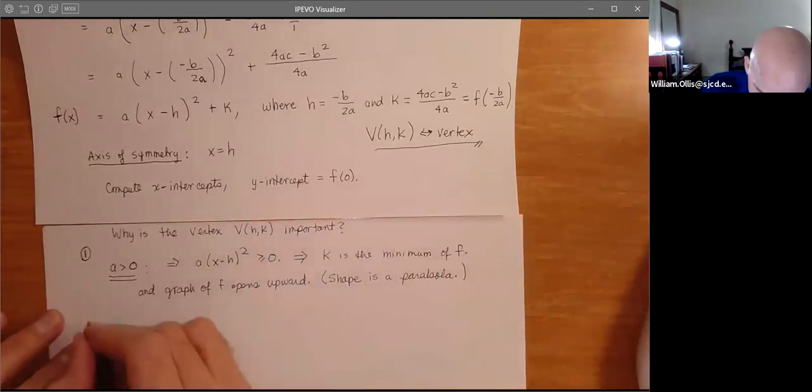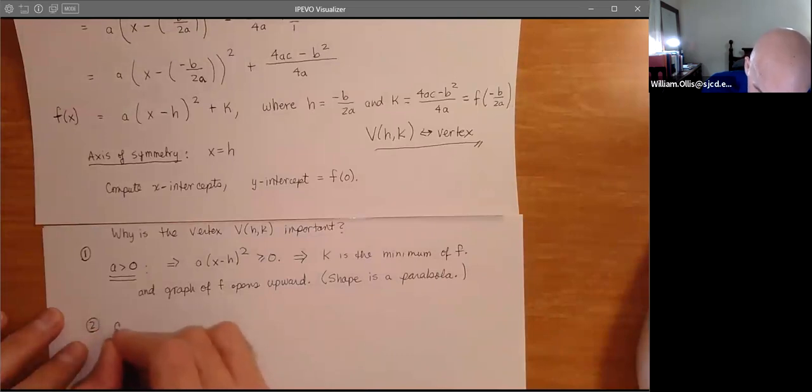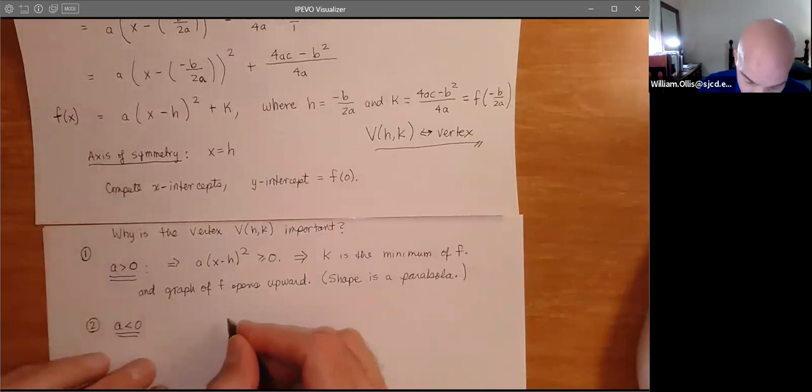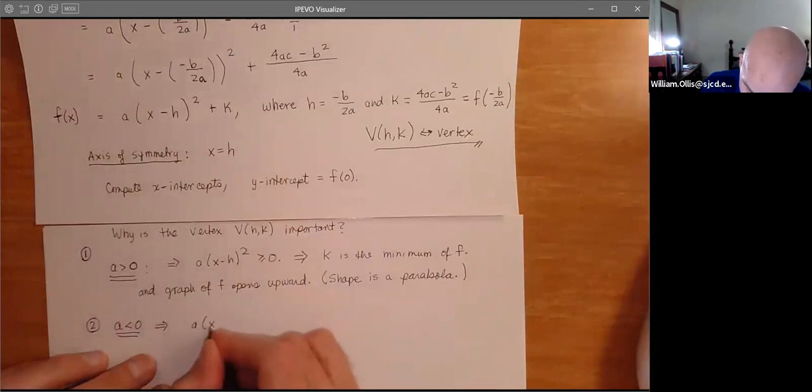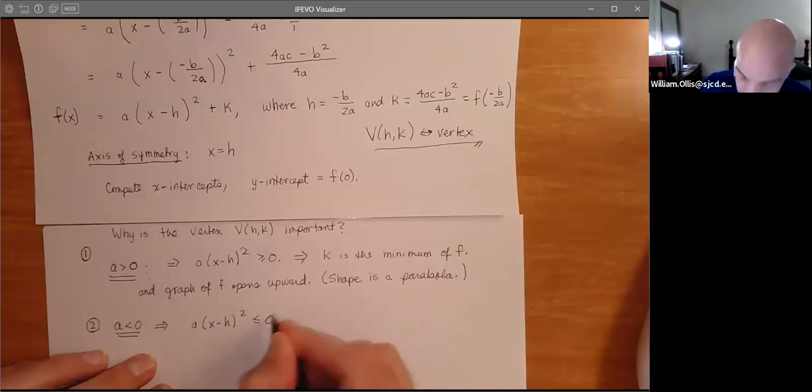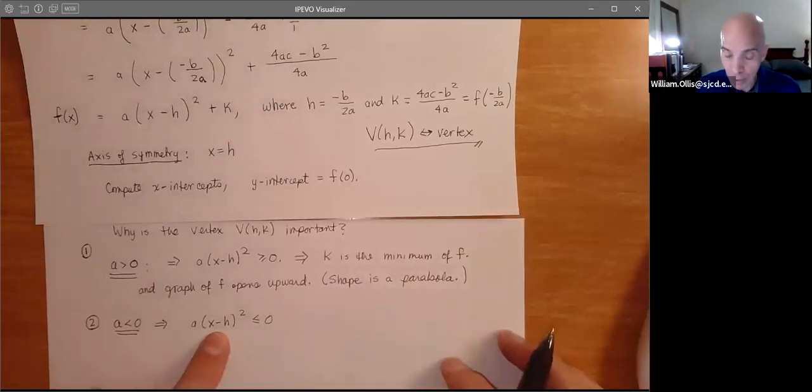And now what about the other one? What about the maximum? Number 2. Suppose that the leading coefficient is negative. So this implies that this square term, x minus h quantity squared, is greater than or equal to 0, but a makes the product less than or equal to 0. So of course, when x is equal to h, you get 0.